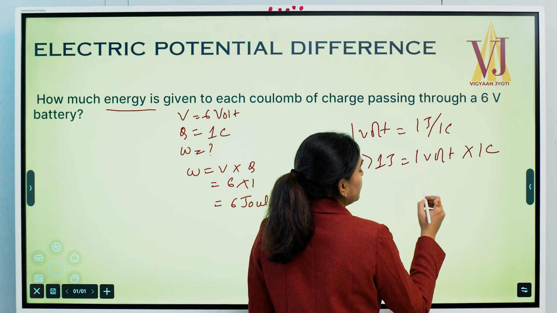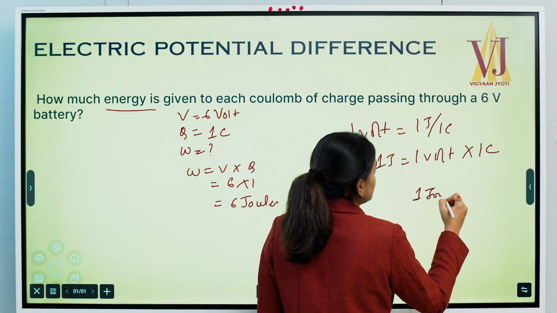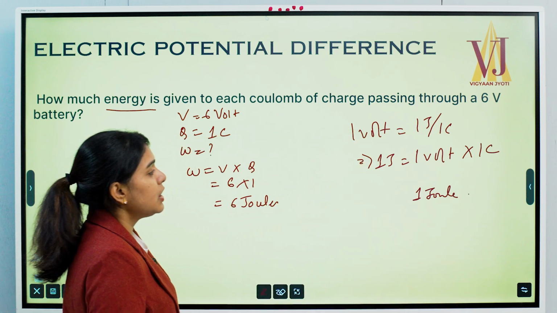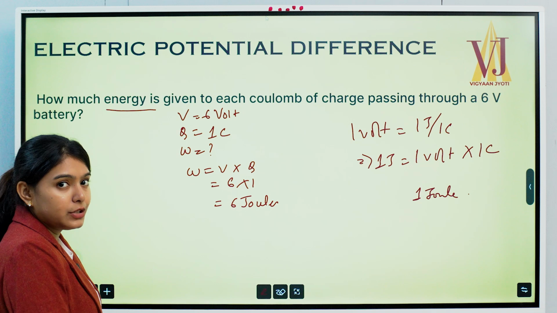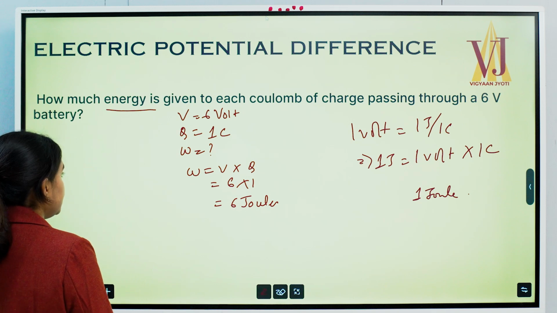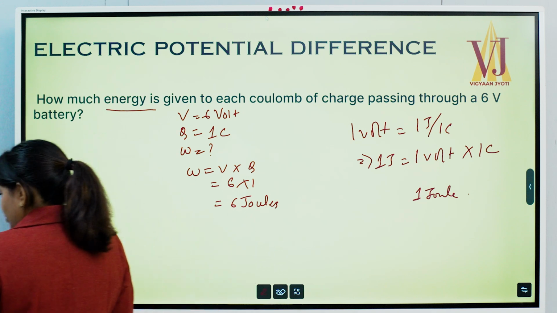So 1 volt and 1 coulomb, it will become 1 joule. Is it clear? If I say 5 joules, that means 5 volt coulombs. Understood? So this is how we say it. Okay, so we can come to the next question.